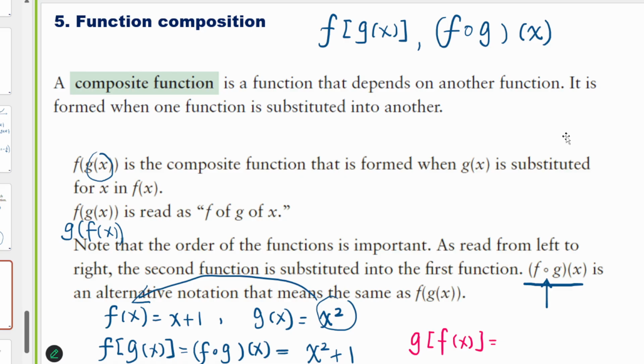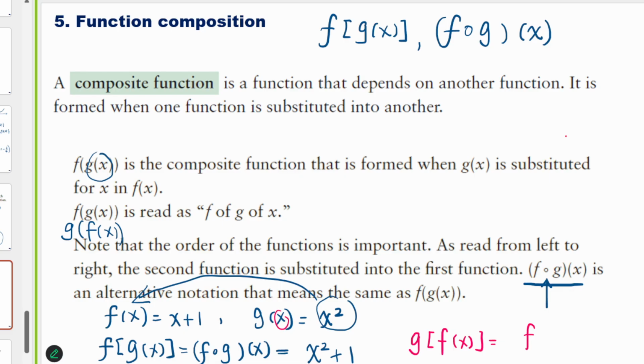It's x plus 1 squared. You simply use f(x) as the input of g(x), right? If you can't see that at a first glance, I suggest you do this. Insert f(x) into the expression of g(x). When the input is x, your output is x squared, right?